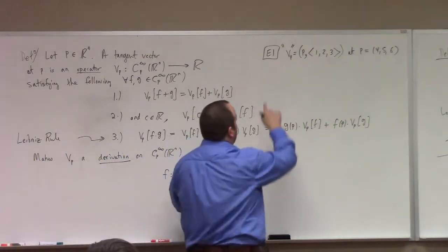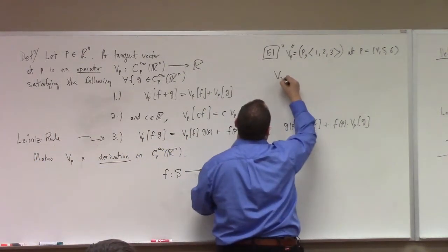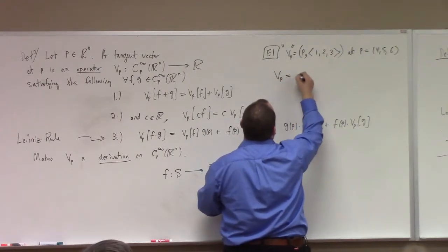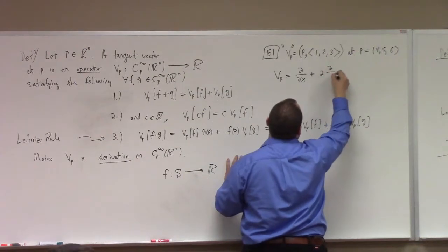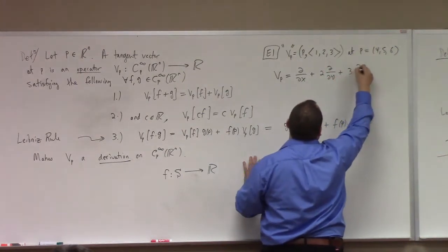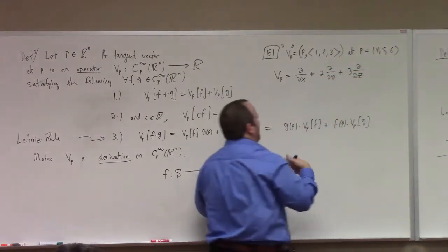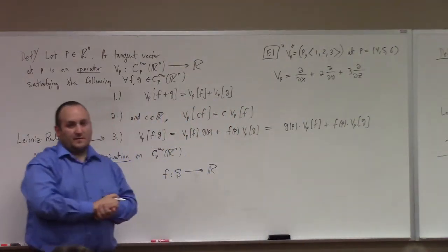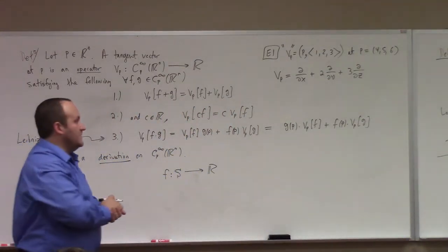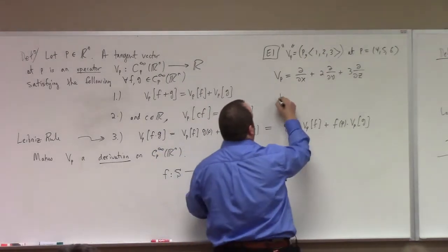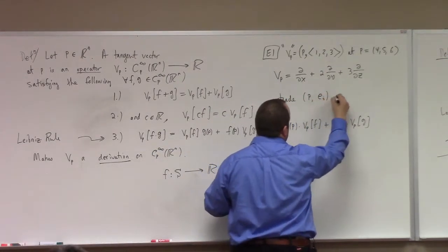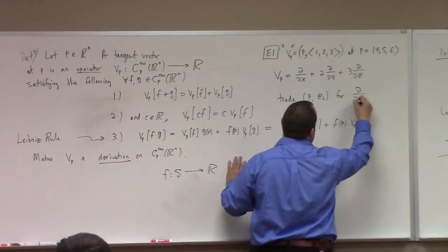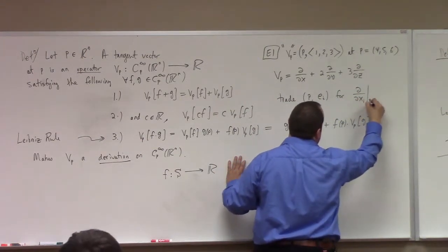But the derivation version of this is going to be partial x plus 2 partial y plus 3 partial z. This is what we're going to derive, that essentially you trade (p, e_i) for partial x_i at p.